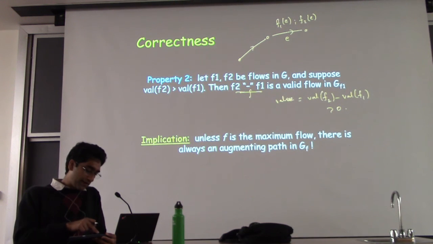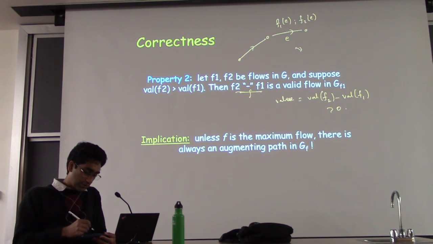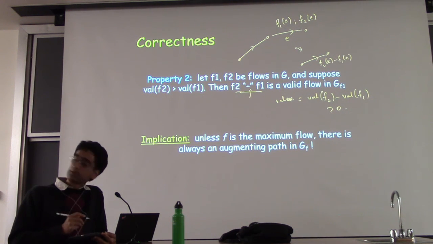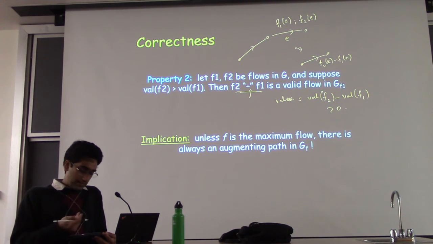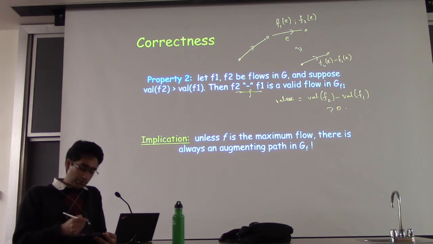The way you define f2 minus f1 is, if f2 is bigger than f1, then it is the forward edge, a flow of value f2 of E minus f1 of E. And if f2 is smaller than f1, then again you do the natural thing.